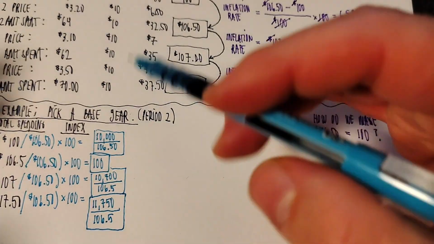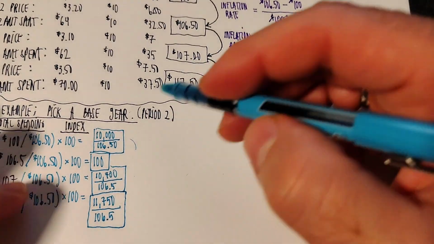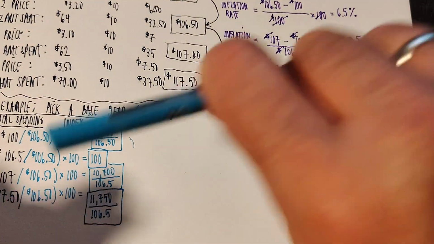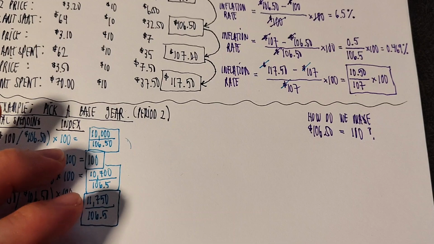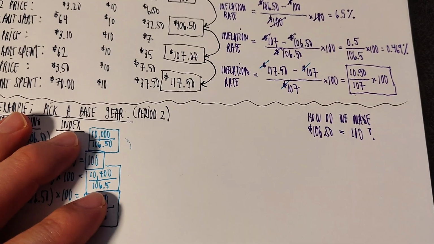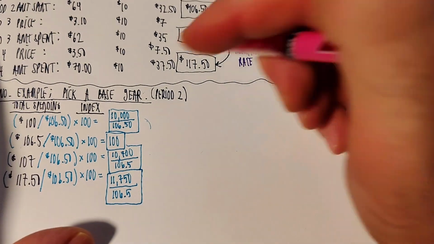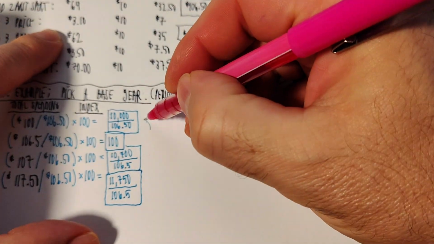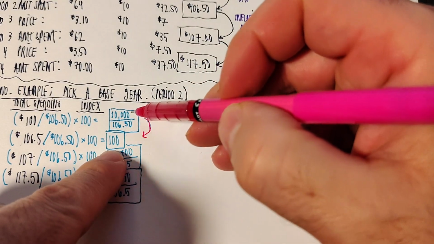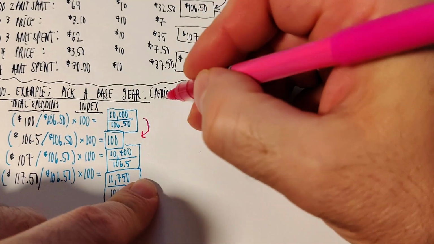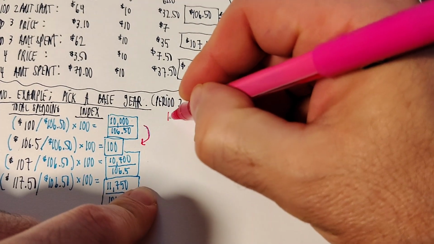And we can also calculate the inflation rates between these here. So let me do this in a different color. This inflation rate here is going to be this value minus that value, divided by that value. So this will be the inflation rate.